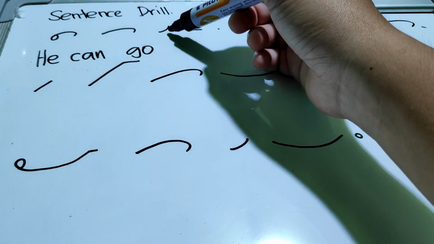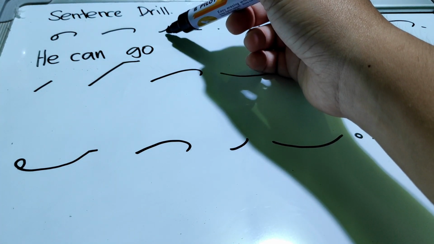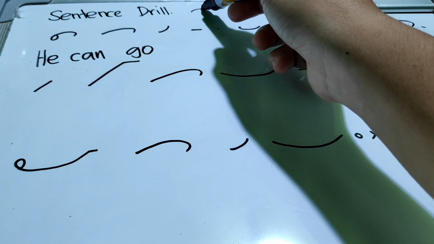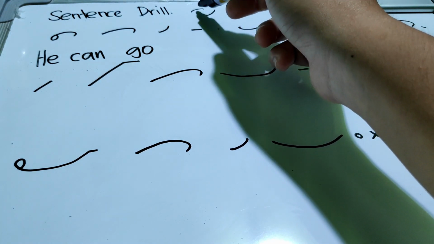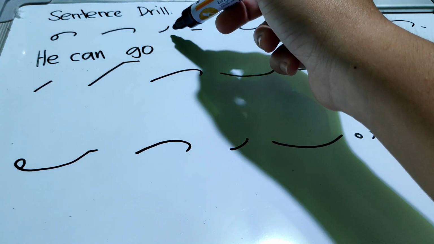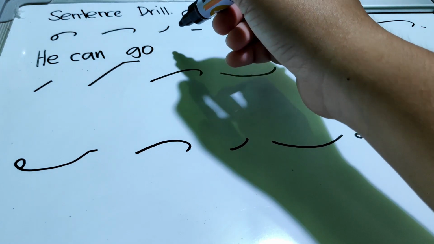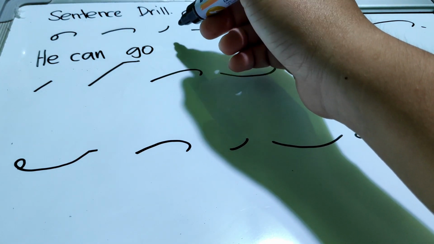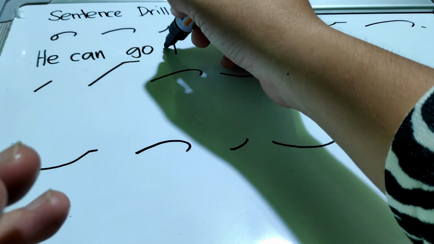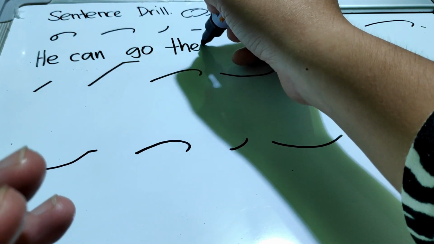The next is kaning stroke sa TH. Diba ang stroke sa TH is duha. Kani is transcribed as the. And then kani is transcribed as there. So he can go there. He can go there.